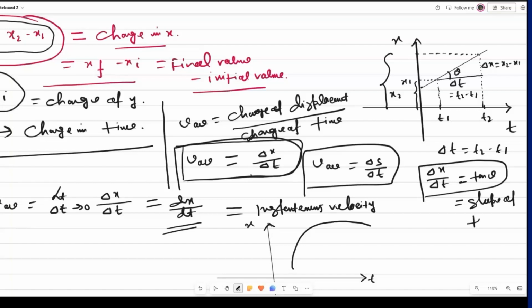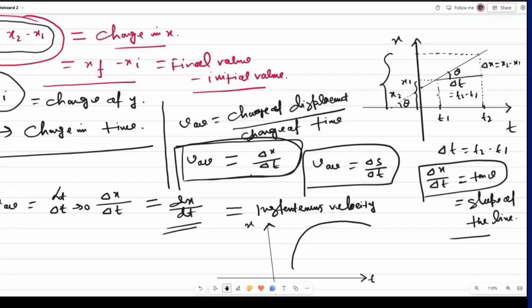I'll tell you all these things in detail one by one. This is slope of the line. Then slope of the line means what? Tangent of the angle it makes with the time axis. This is theta, which means this is also theta.